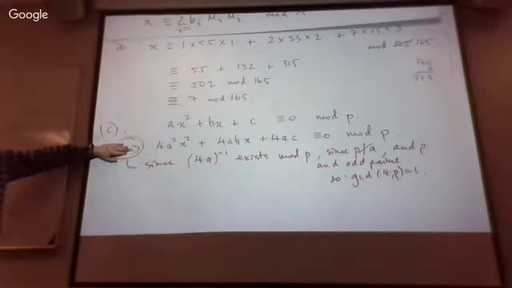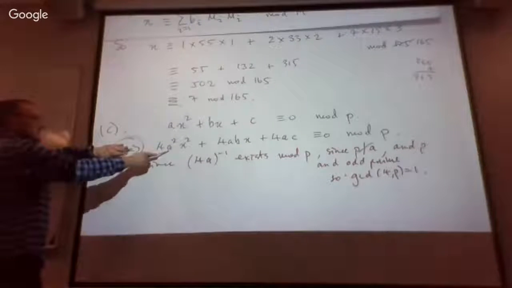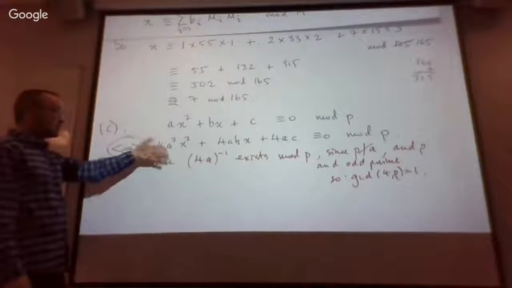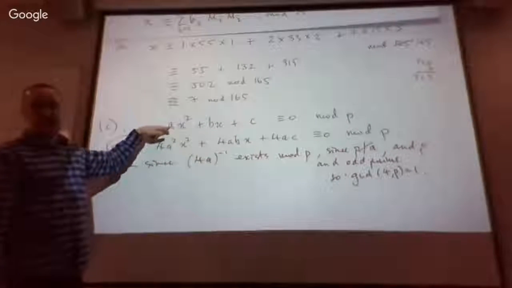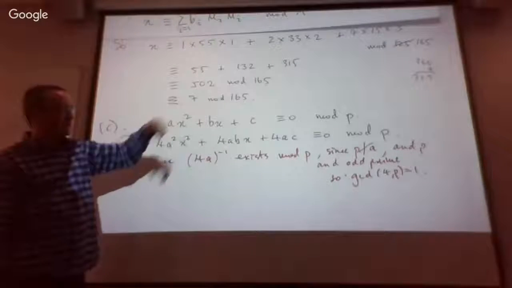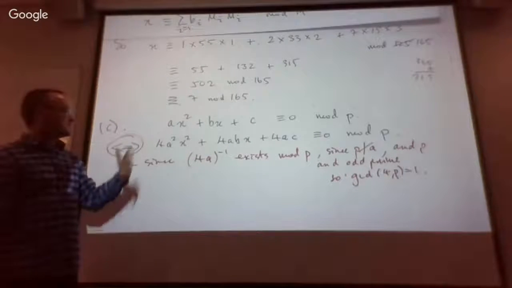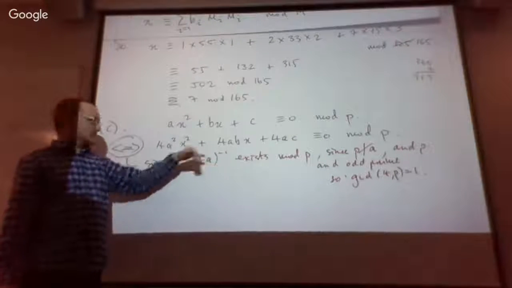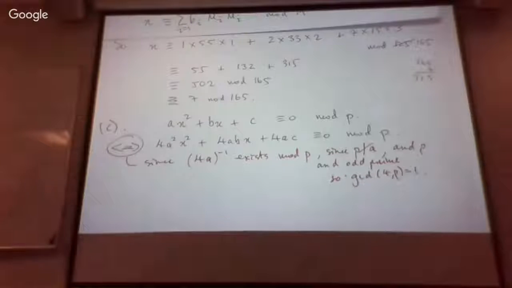But the only way you can go back, so if this second equation is true, then that also implies the first equation is true, in order to do that, you have to be able to re-obtain this one. In effect, divide by the common factor, and in the case of modular arithmetic, we mean multiply both sides by the inverse of 4a. But in order to do that, you have to be sure that it exists.